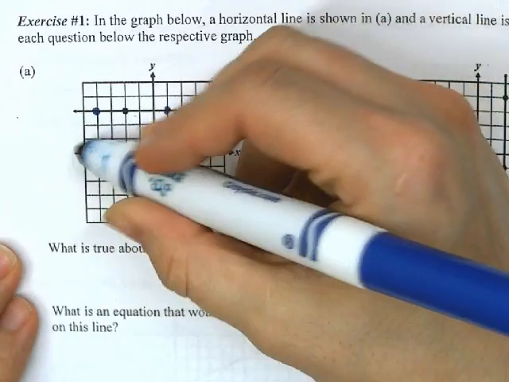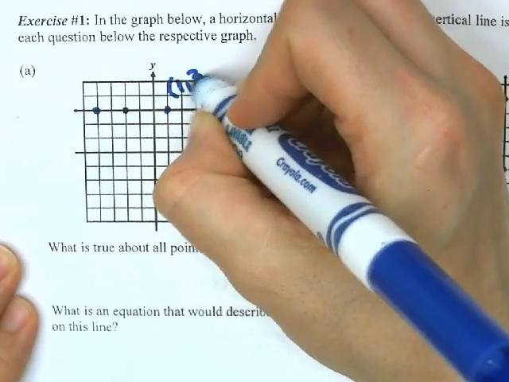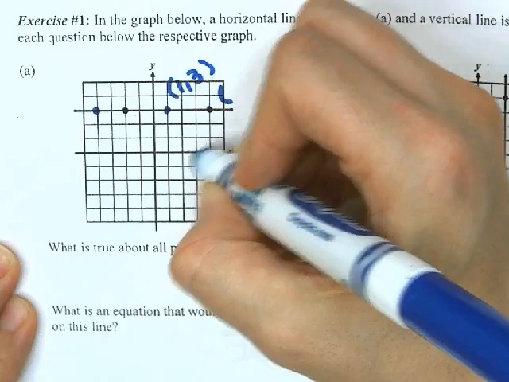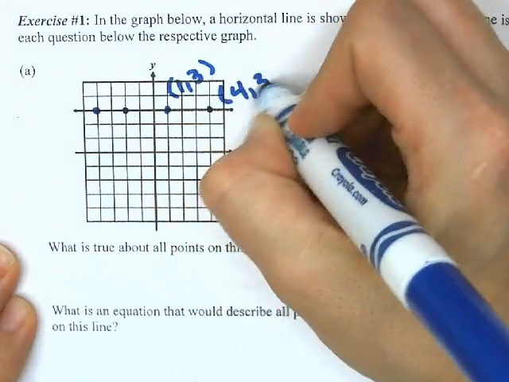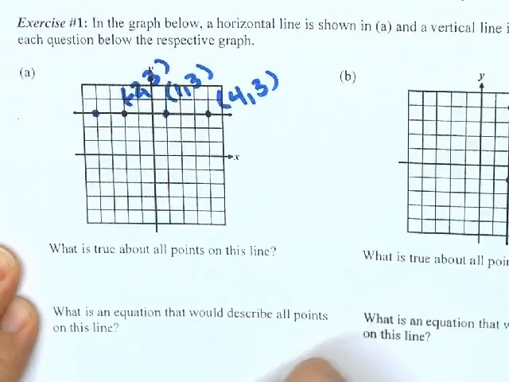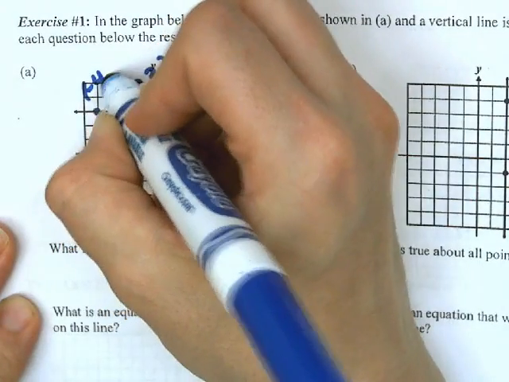Now if I actually give you the coordinates of all these points, this is the coordinate 1, 3. This has a coordinate of 4, 3. This point is negative 2, 3. And this point over here is negative 4, 3.